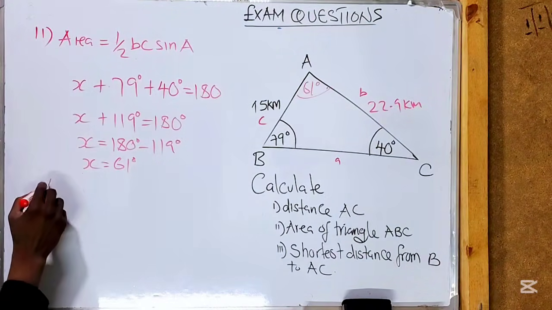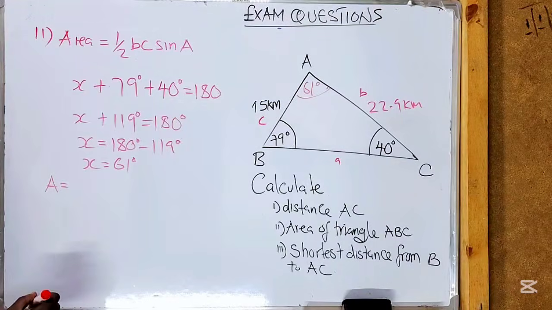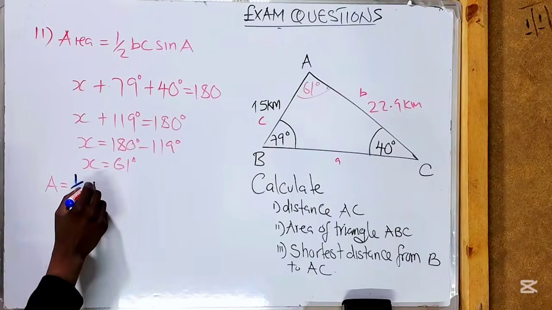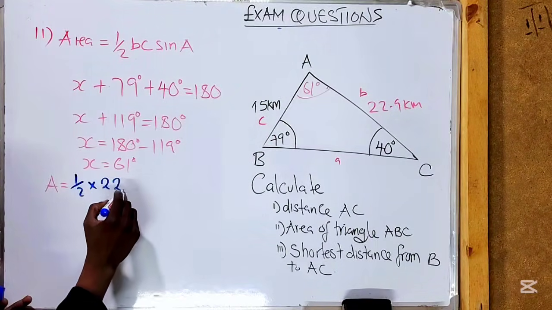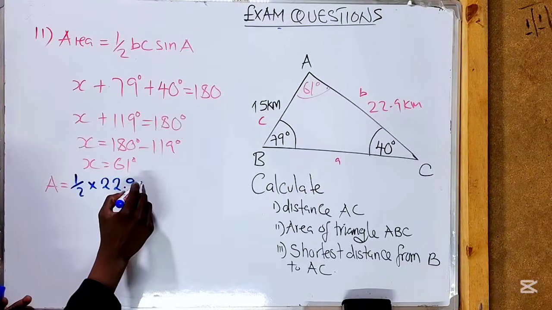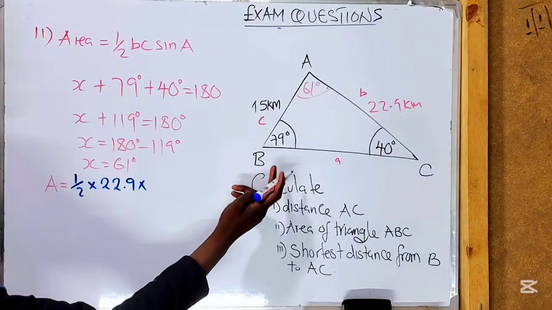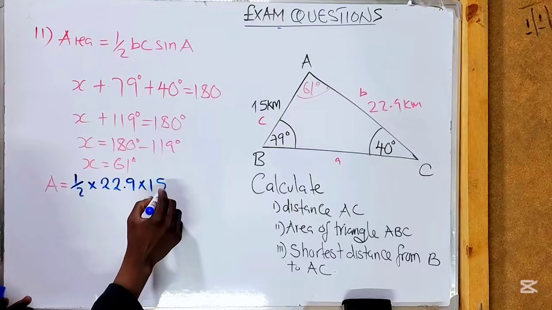Let's now solve what? Area. So area is equal to half times B, which is 22.9, multiplied by C, which is 15.